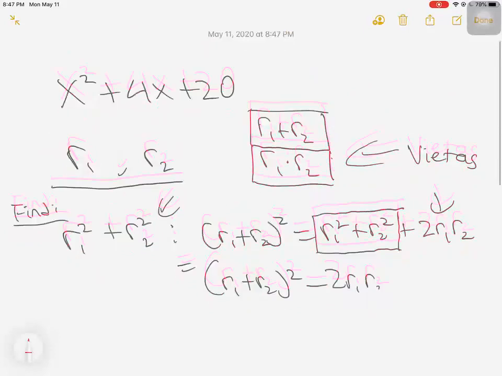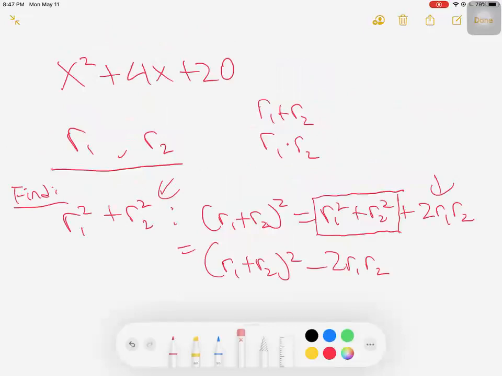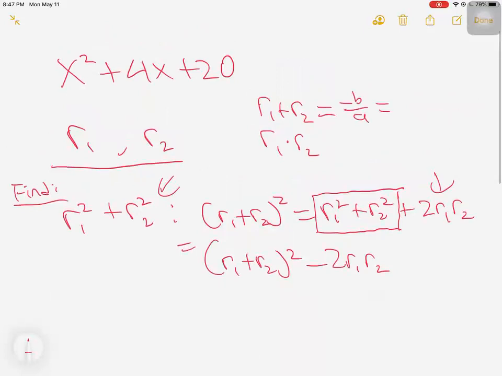Let's find these values first. We have r1 plus r2 equal to negative b over a, which is negative 4, and r1 times r2 is just equal to c over a, which is 20.